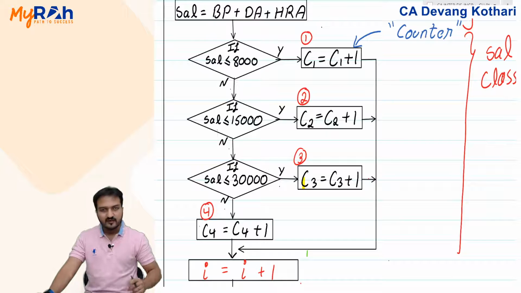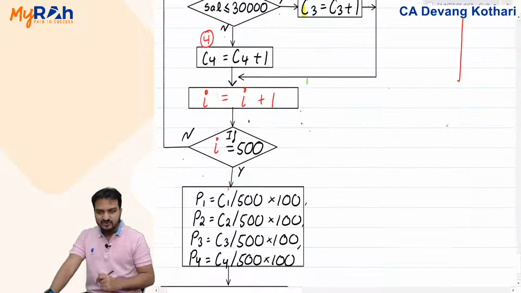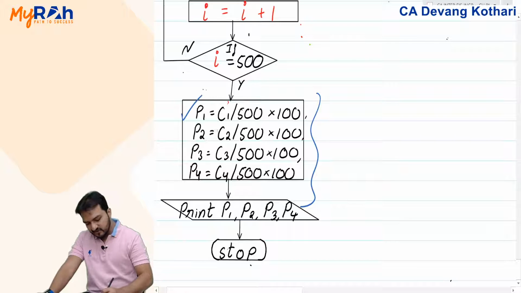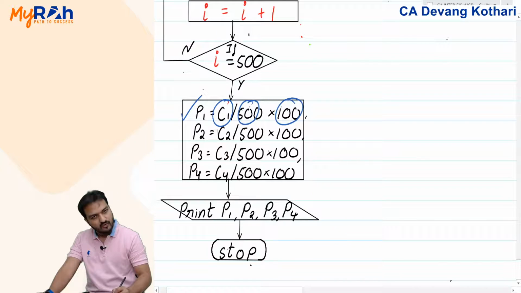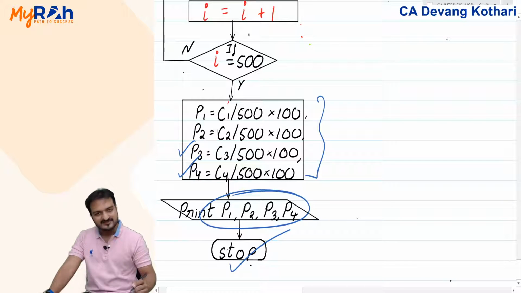So far I just have the number of employees in each category. What I wanted was the percentage of employees in each category. So this is what I do. Percentage of employees in category 1 is C1 divided by 500 into 100. Similarly, percentage of employees in category 2, 3 and 4. You calculate all percentages, print all 4 percentages, then stop.